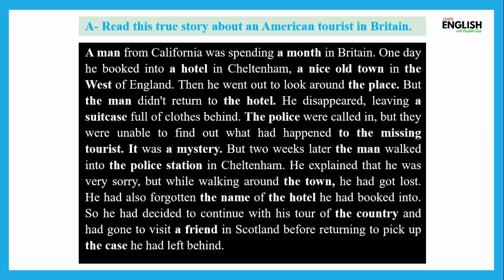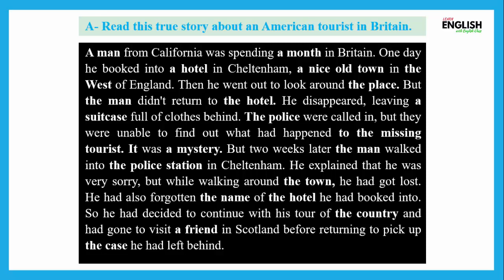He had also forgotten the name of the hotel he had booked into, so he had decided to continue with his tour of the country and had gone to visit a friend in Scotland before returning to pick up the case he had left behind.